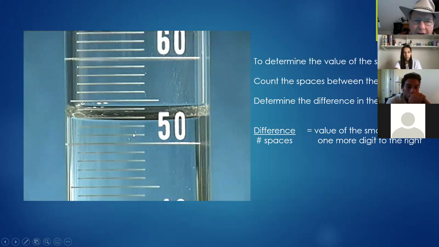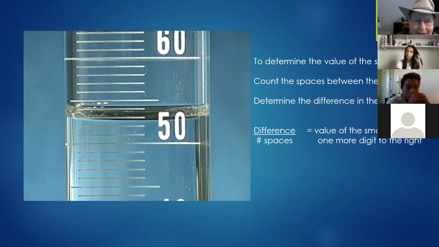Now, the second thing you got to do is you got to count the spaces. 1, 2, 3, 4, 5, 6, 7, 8, 9, 10. Now, I take the difference that I have from the markings, the 60 minus 50, 10. I divide it by the number of spaces, 10. So that gives me the value of what the line is. Okay? So in this case, I got 10 divided by 10. Each one of these lines is worth a milliliter.